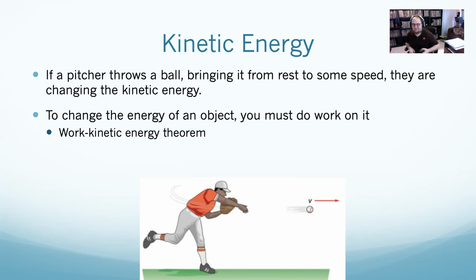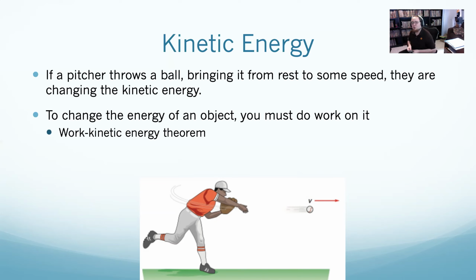Now, I said something that was a little bit of a stretch of the truth, so I want to make sure that I get this across. I said before that work and energy have a direct relationship. When you talk about work, you normally only talk about mechanical energy. If you are changing the thermal energy of something, that has its own phrase. If you're changing the chemical energy of something, that has its own word too.